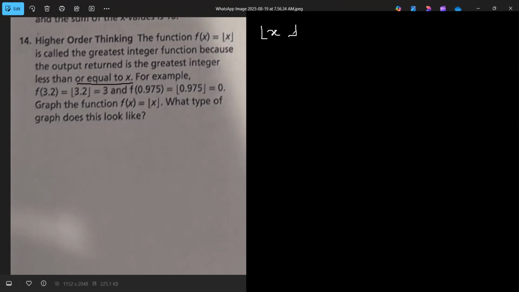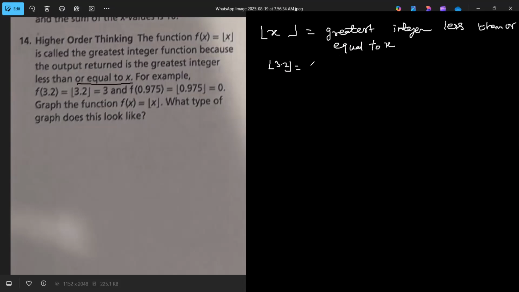It means this is equal to the greatest integer less than or equal to x. For example, if you put 3.2, what will be the greatest integer?